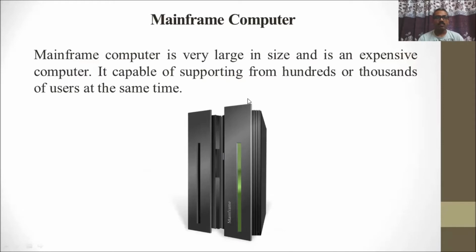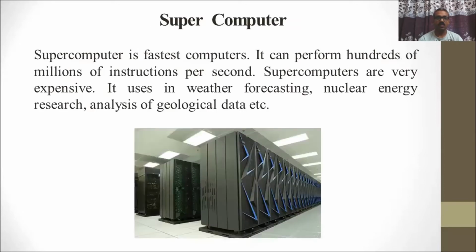It is capable of supporting hundreds or thousands of users at the same time. So this picture shows a mainframe computer, and its speed is very fast, and calculation is very fast, and multiple users can work at the same time.